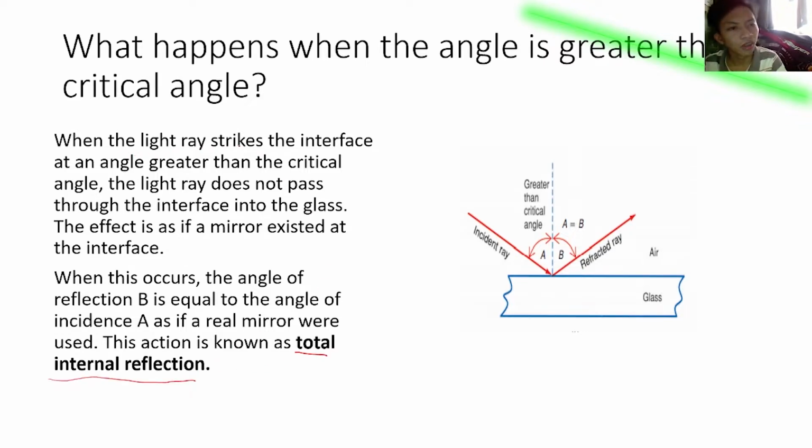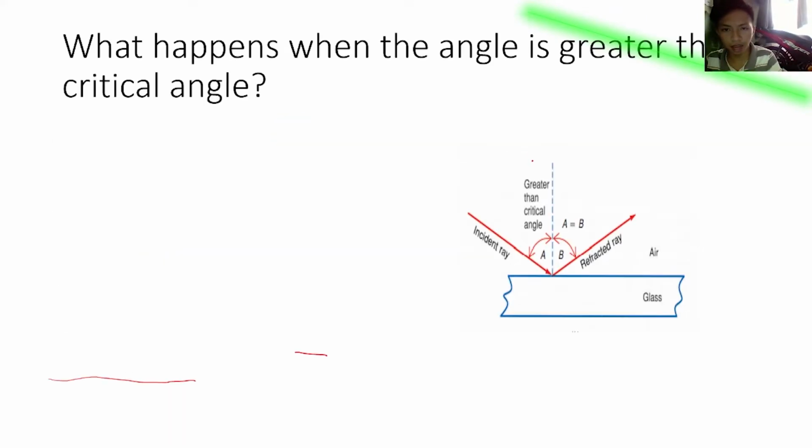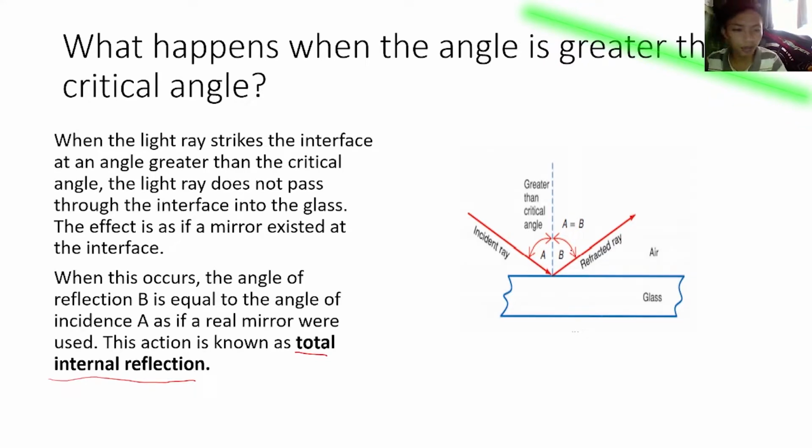Okay, so when the light ray strikes the interface at an angle greater than the critical angle, the light ray does not pass through the interface into the glass. The effect is as if a mirror existed at the interface. So since the angle is greater than the critical angle, as in this example, this is what makes the total internal reflection possible.